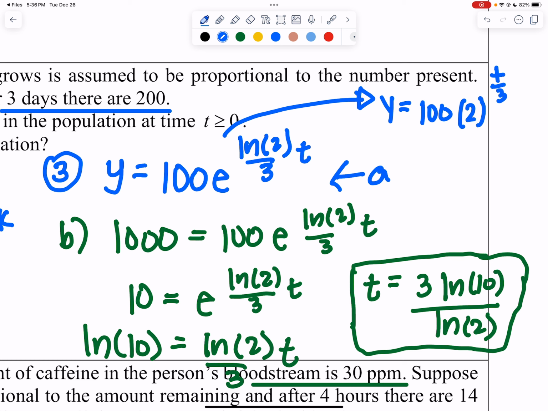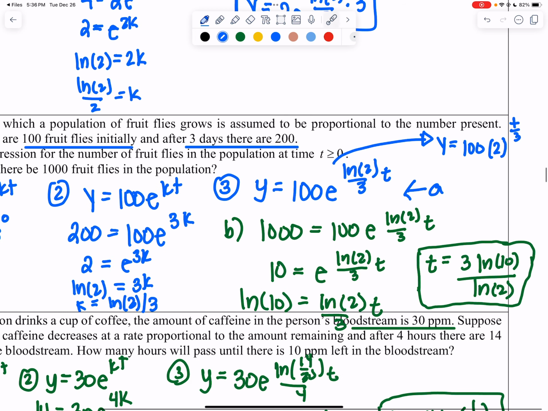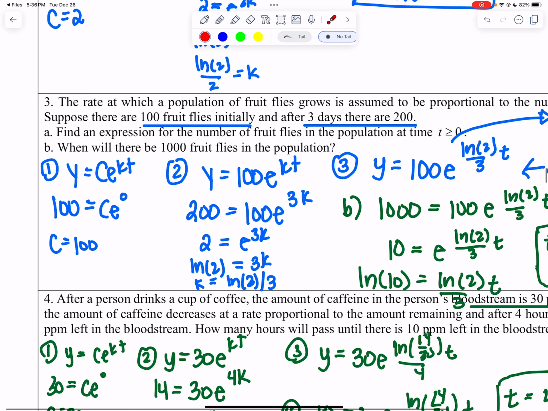That's an equivalent way to say 100 e to the ln of 2 over 3 times t. The reason why I kept it like that is because for you to see how we are getting c and how we are getting k in terms of y is equal to c e to the kt.